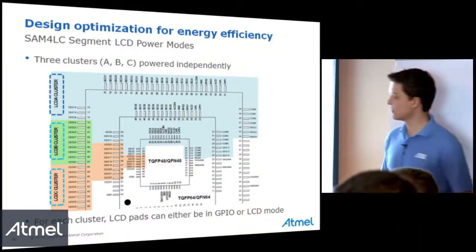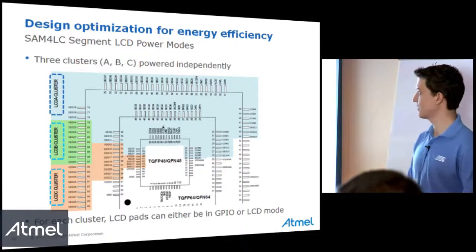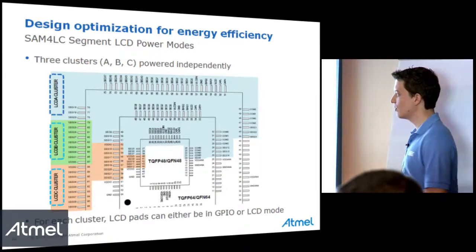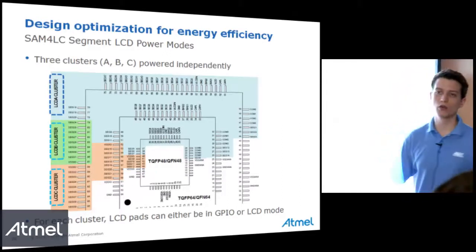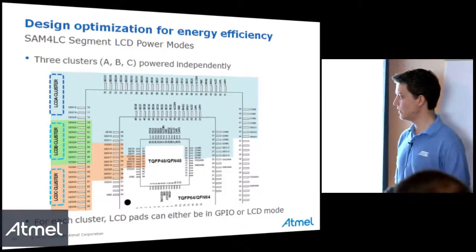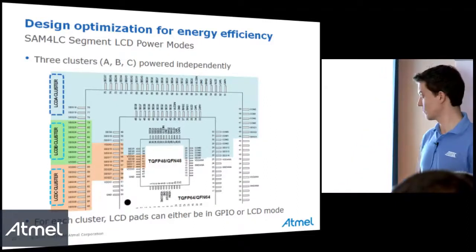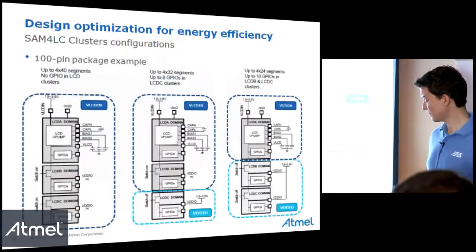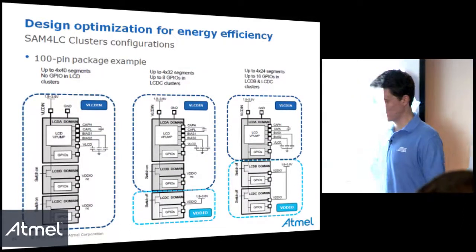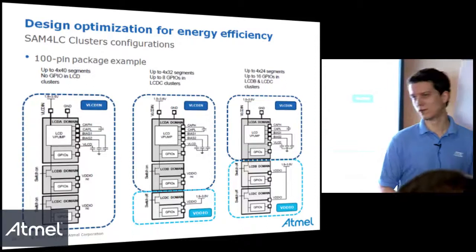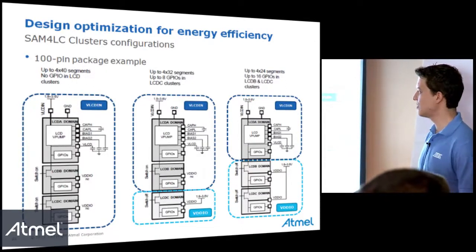Okay, let's continue with the power. Concerning the LCD segments, all the pins, all the segments are divided in three blocks that we call clusters. Each of these clusters has a different way to be powered, depending on the usage that you choose for these IOs.